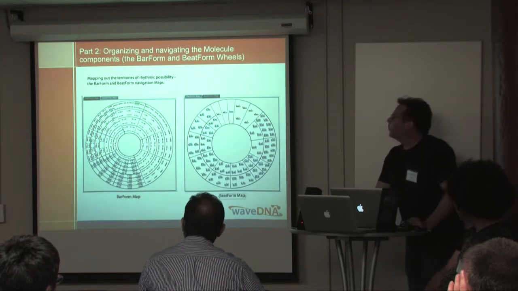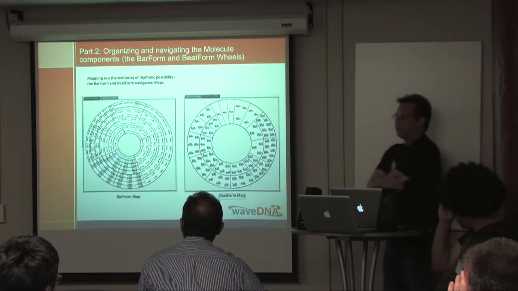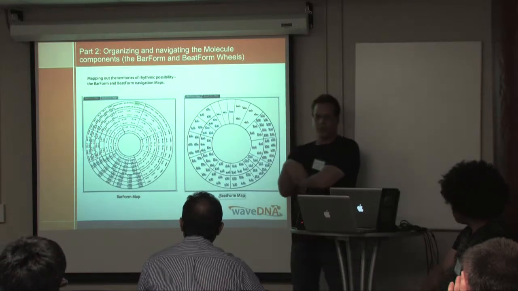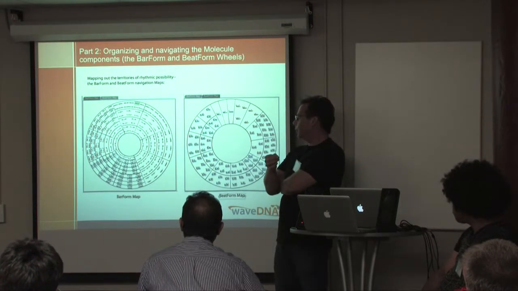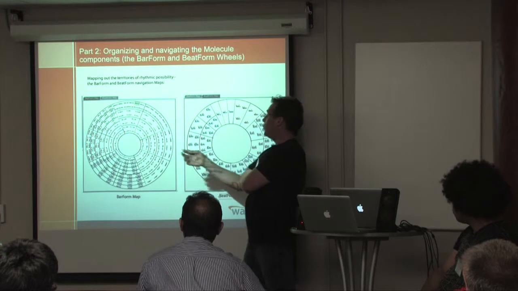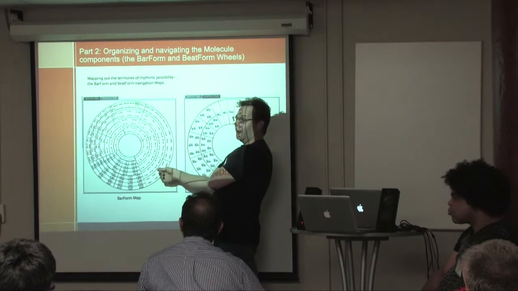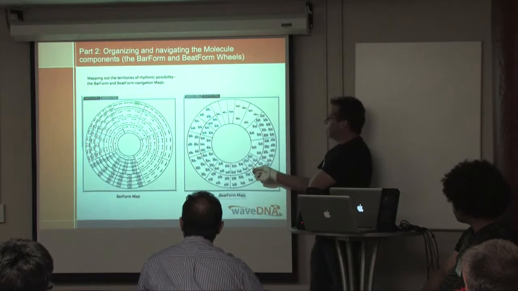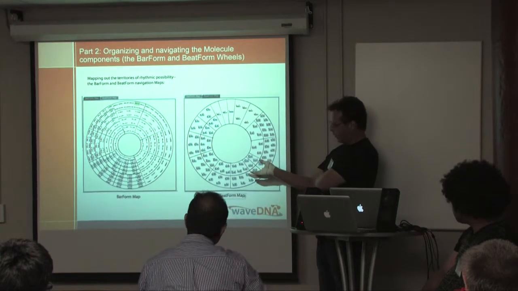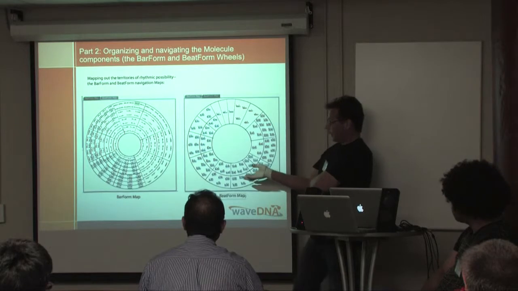All right, so the other problem we have, if you run through all those available permutations for bar forms and beat forms, we end up with 256 bar form activation patterns and 99 beat forms. They're fairly sizable sets, but not gigantic.